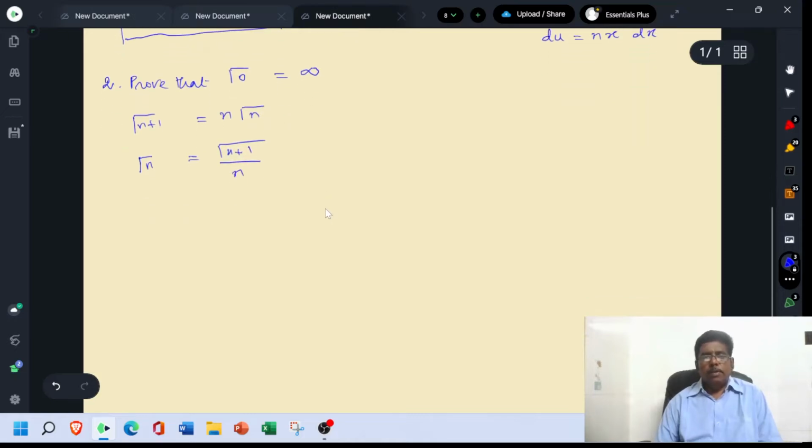In the above equation, put n equal to 0. Then gamma of 0 is equal to gamma of 1 by 0, because 0 plus 1 is 1. Anything divided by 0 is infinity. Therefore, gamma of 0 equal to infinity.